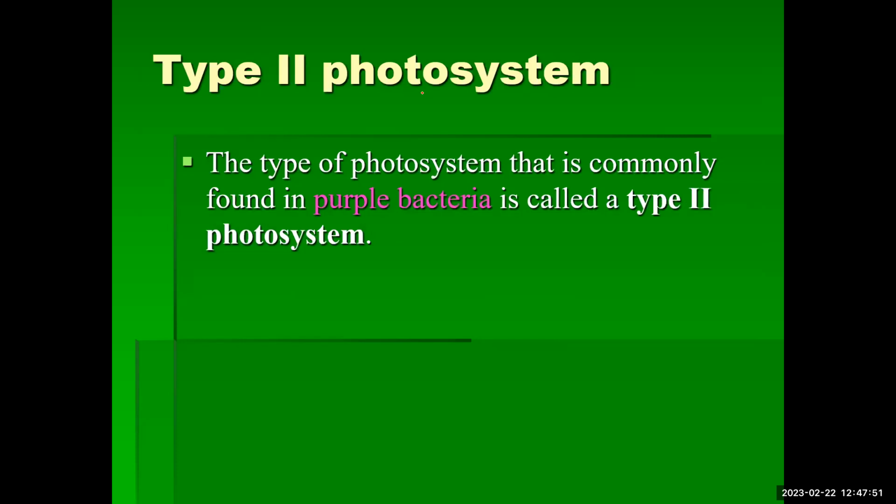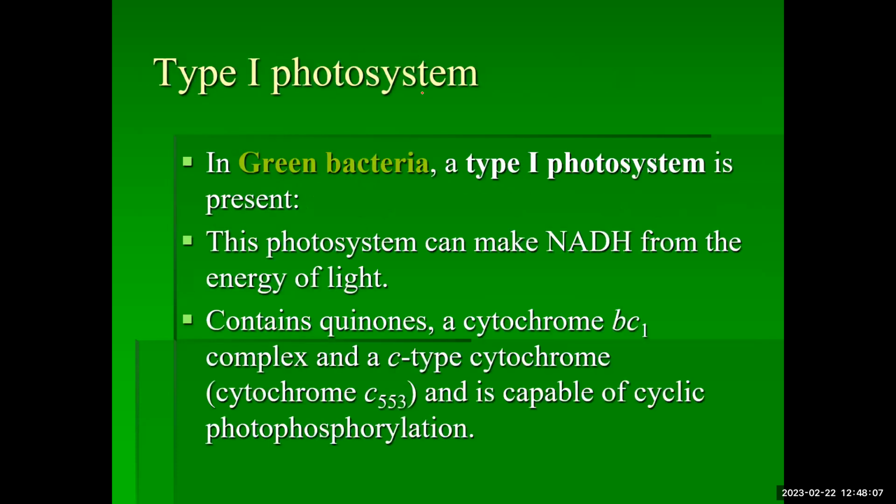And the photosystem that you see in purple sulfur bacteria and other types of purple bacteria, purple non-sulfur bacteria, looks a lot like the type 2 photosystem found in blue-green bacteria and in green plants. The green bacteria, both the green sulfur and green non-sulfur bacteria, have a different photosystem that becomes much more positive when it is excited by an exciton.